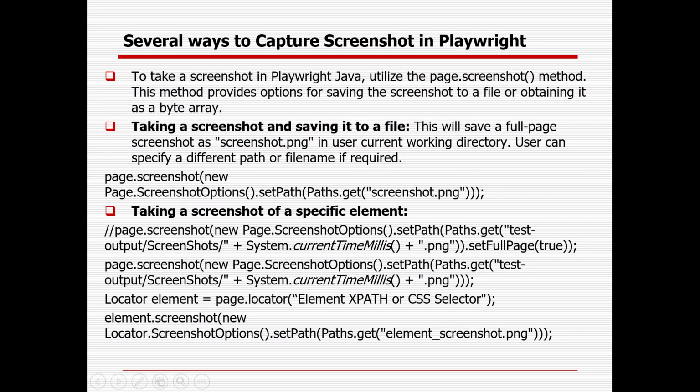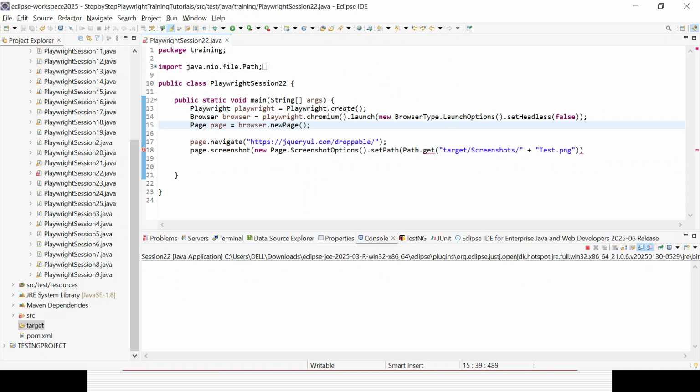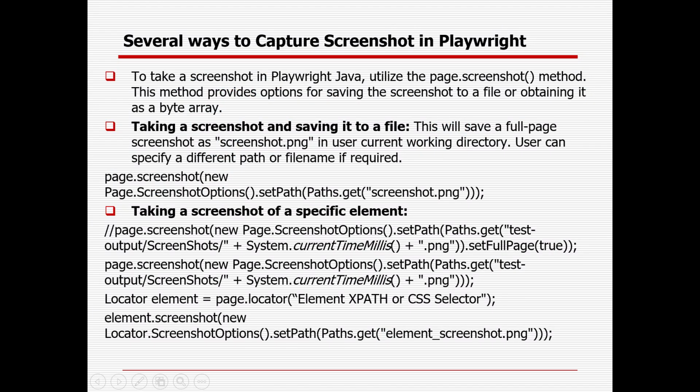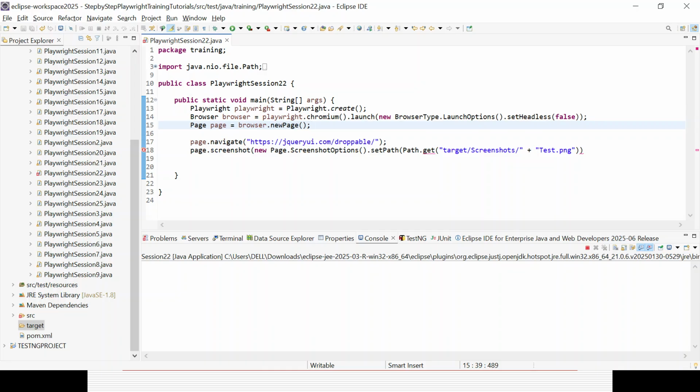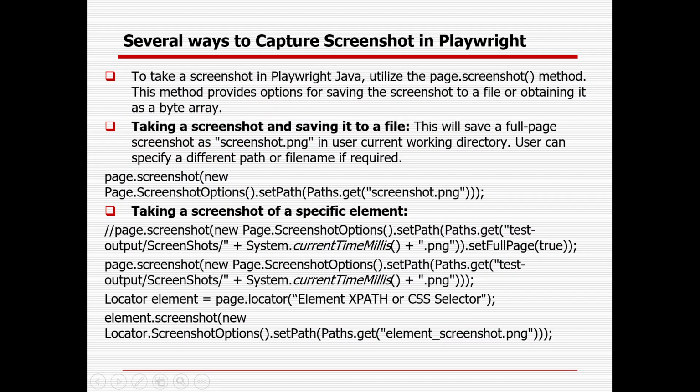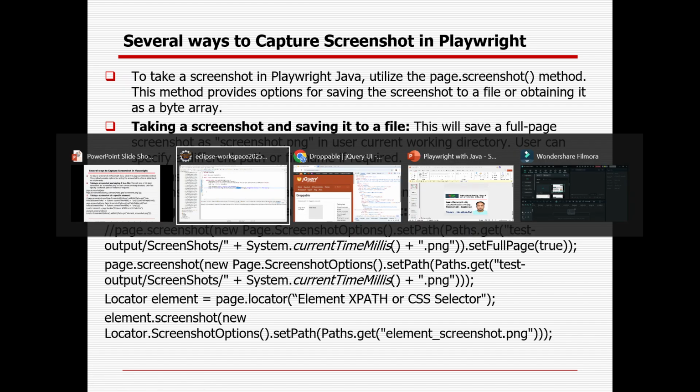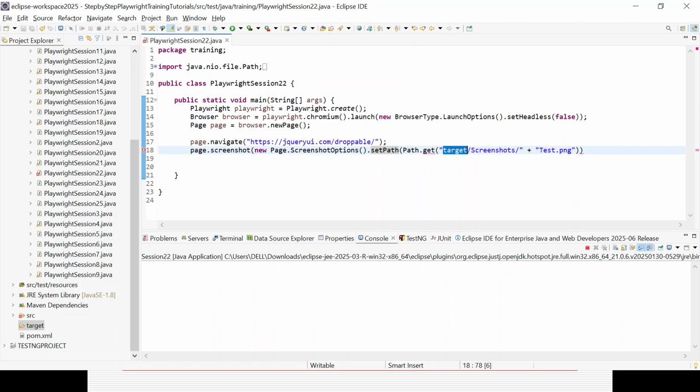So let's check the code, whichever way we need to do. Page dot screenshot, new page dot screenshot options dot set path, and here you need to use path dot get. The slash will not be there because we are directly storing in the target folder, so you use a double quote, target is the folder name, and we are storing it directly here.